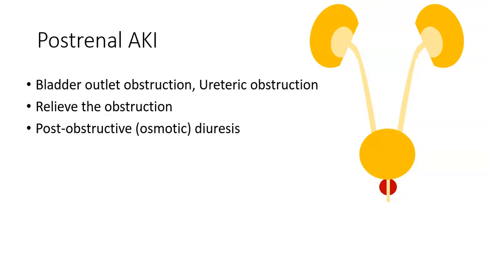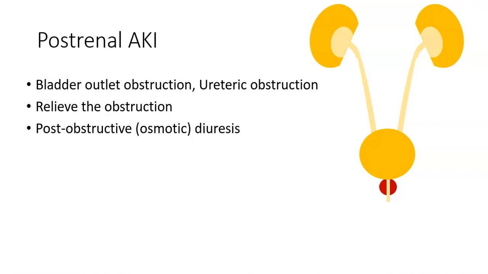And upon relief of the obstruction, the urine that is concentrated with urea will lead to an increased amount of water being excreted as well, because urea is osmotically active. This can therefore lead to a markedly increased urine output of many liters per day.